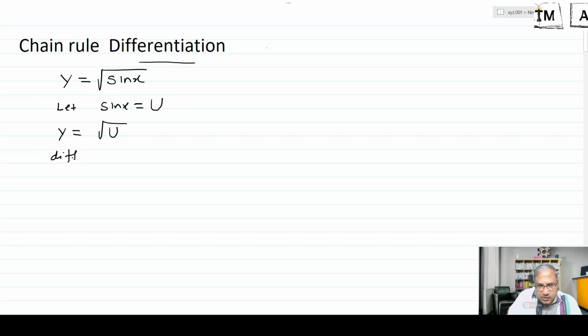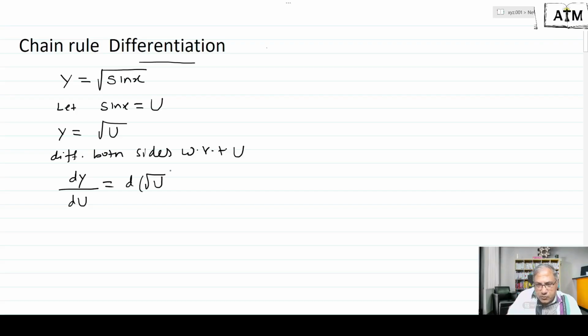Now differentiating both sides with respect to u. Therefore dy by du equals differentiation of root u with respect to u. That equals 1 upon 2 root u.